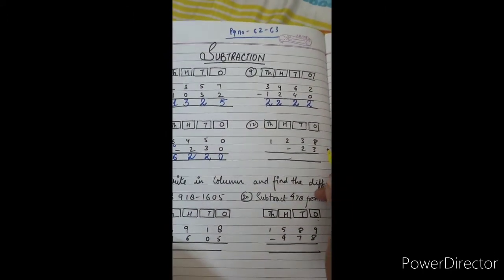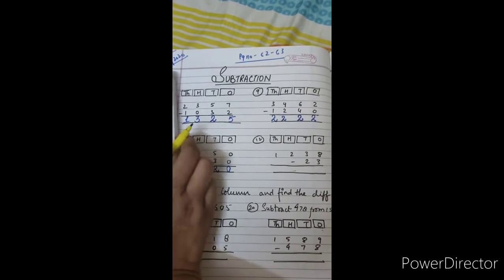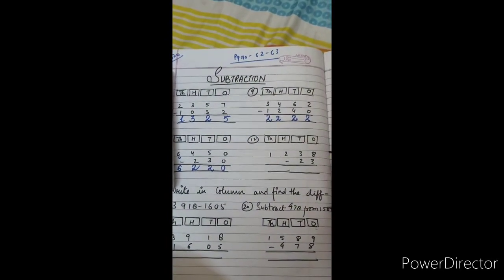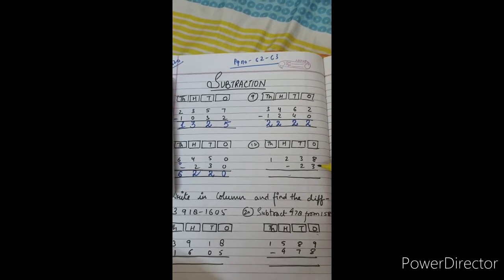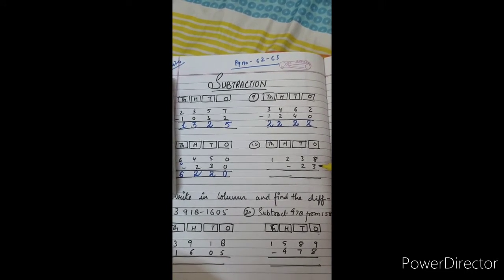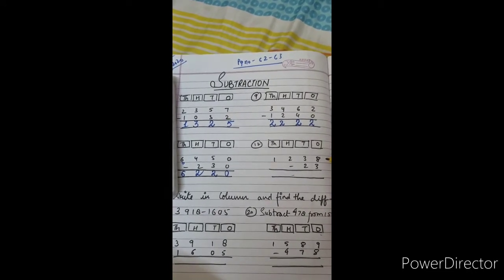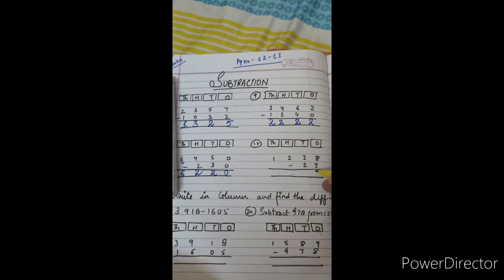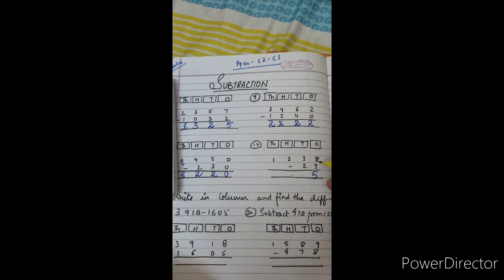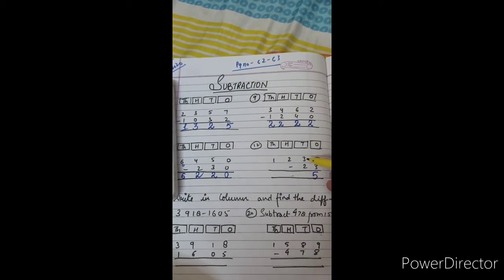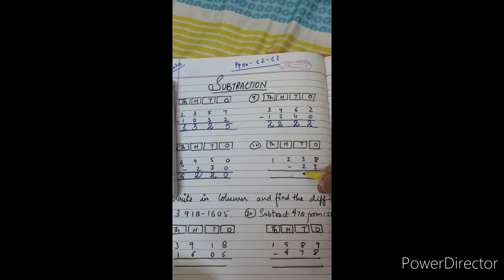And next one is question number 12. Subtracting ones. We want to subtract 3 from 8. So 8 minus 3 is 5. And now subtracting tens. We want to subtract 2 from 3. 3 minus 2 is 1.